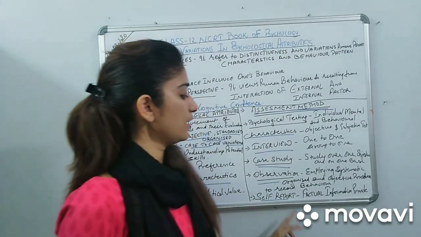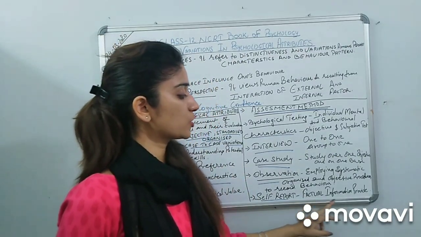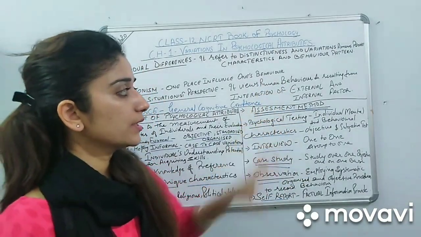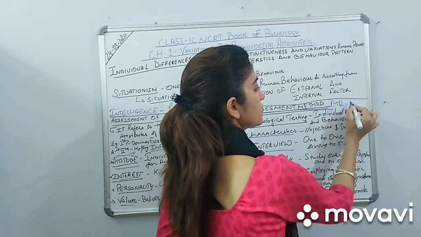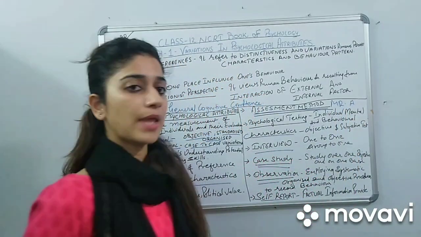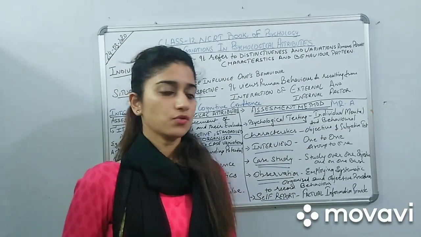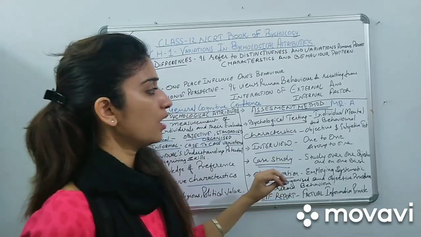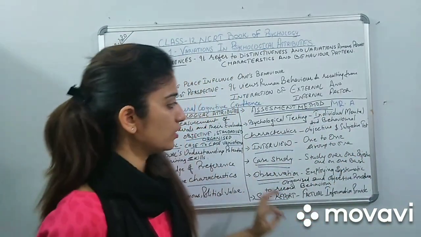Then the self-report. What is self-report? Self-report is the factual information provided, like what we have done. Suppose Mr. A was there, and we took his psychological test on intelligence. We gave him a proforma and he did the test. With the help of the manual we found the result.